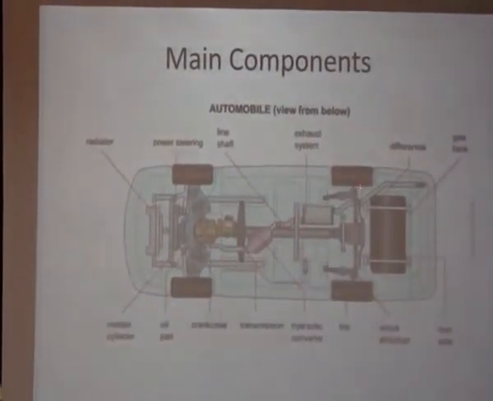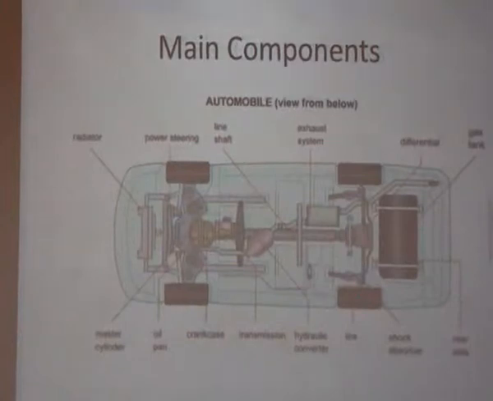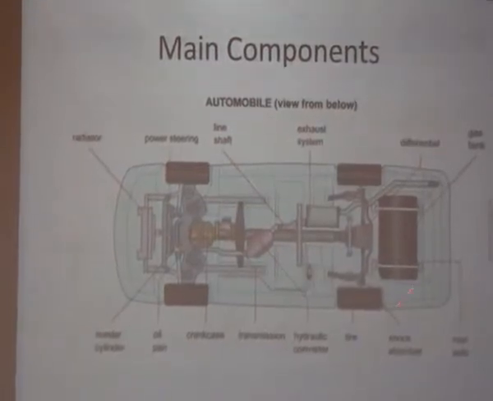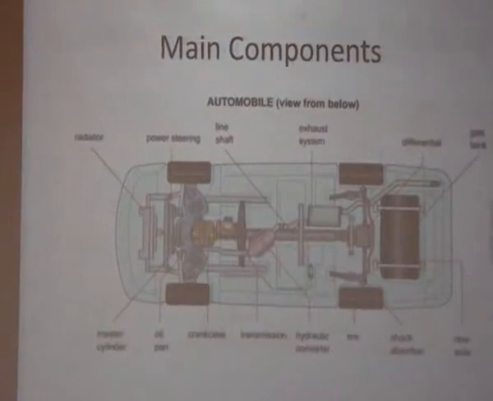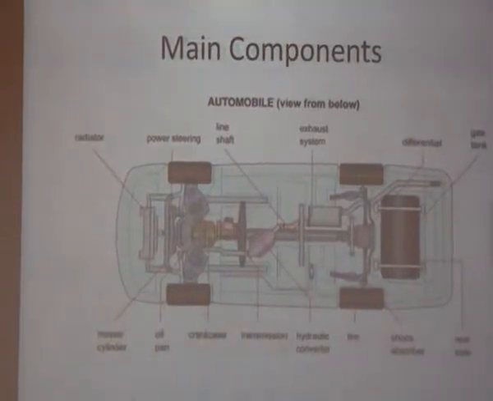Here we have the differential, the rear wheel drive. It's a rear wheel, back wheel drive vehicle. Apart from this, we have the radiator for cooling, power steering, line shaft, exhaust system, gas tank, shock absorbers for smooth movement of the vehicle, tires, hydraulic converter, then the master cylinder for brakes. So this is the layout of the main components of the automobile.